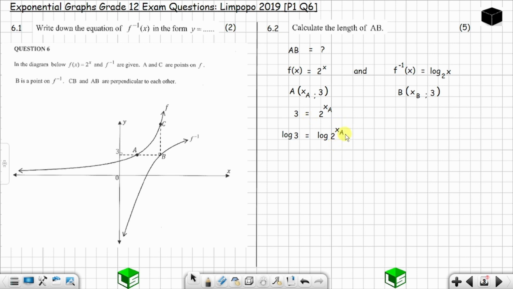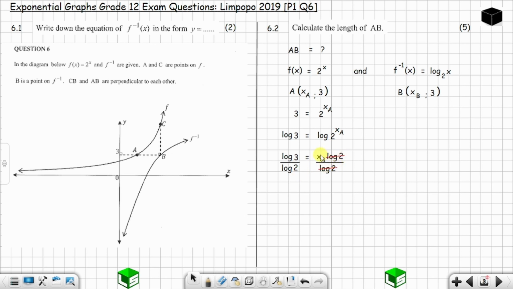What you have to do is drop the exponent down: x sub A times log of 2, equal to log of 3. You multiply by log of 2, and what you want to do is get x sub A on its own. You divide by log of 2 on both sides, so this is going to cancel.